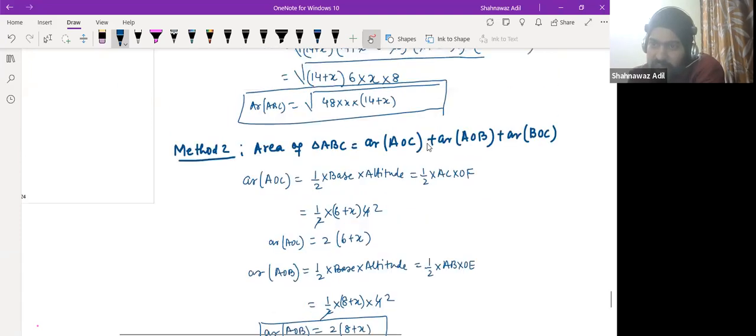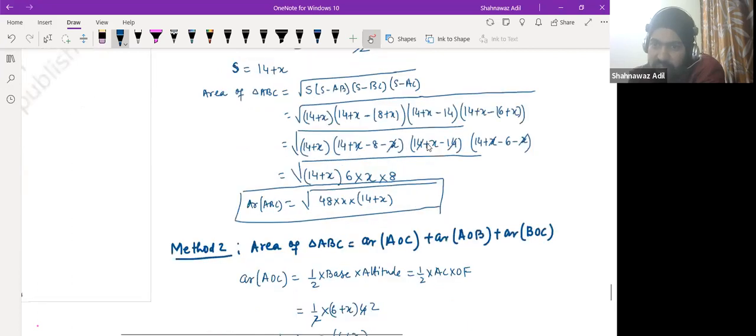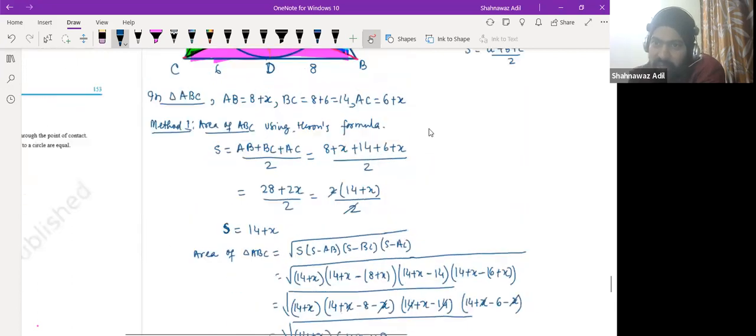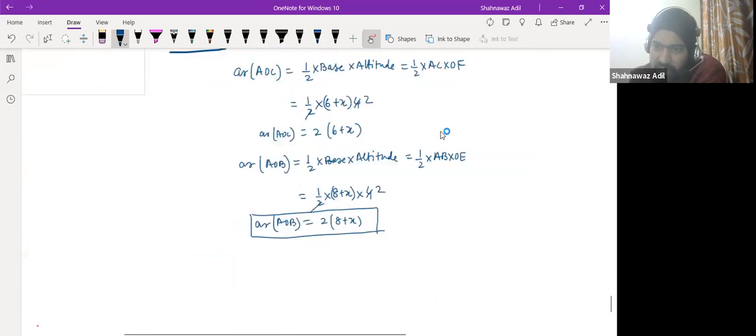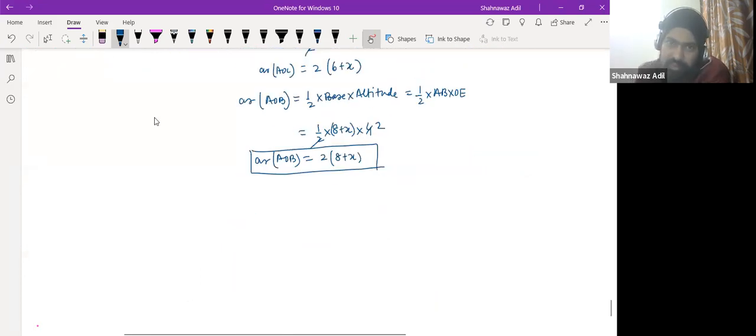AB was 8. Now we will use this BOC. For BOC, the base is BC and altitude is OT, right? BC and OT. Now area of BOC.